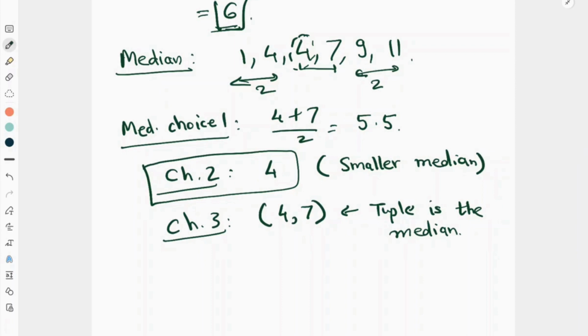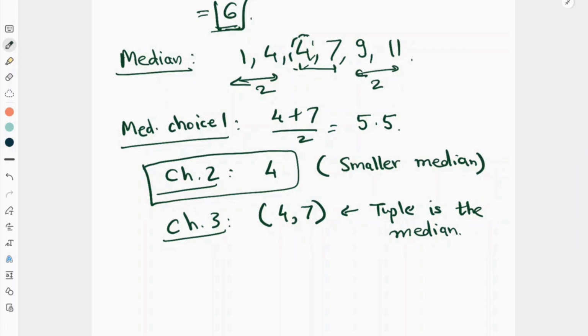One good advantage of the second choice, and that's the beauty of the median, is that it is guaranteed to be a number from the given input. If you take the first choice, then it is not a number from the given input. You are taking the average, but that average may not be present in the input. This 5.5 is not present in the given array.